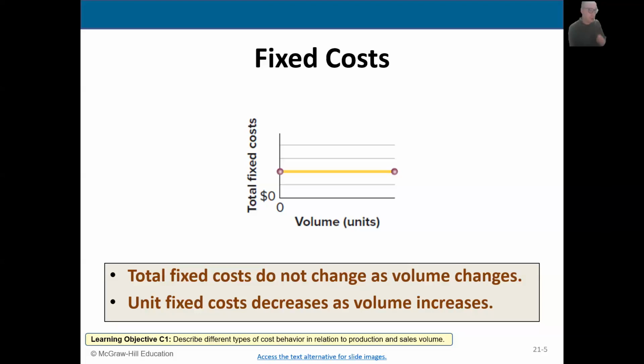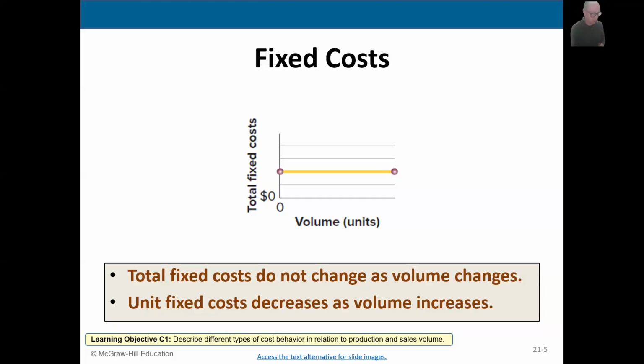When it comes to the total amount of fixed costs not changing regardless of the level of output, they don't change, right? However, if we look at fixed costs on a per unit basis, meaning we apply the fixed cost to the number of units we're creating, then we can further analyze our total fixed costs.